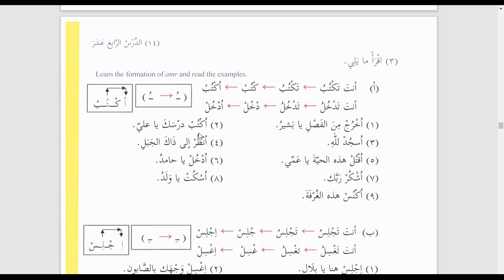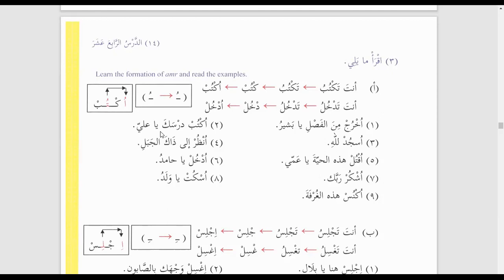Number 2 is uktub darsaka ya Aliyu. Write your lesson, O Ali. Uktub. Why is it uktub? This is Fi'lul Amr, sir. The first hamzatul wasl will take dhamma because the second root letter has dhamma. Okay, that's number 1.